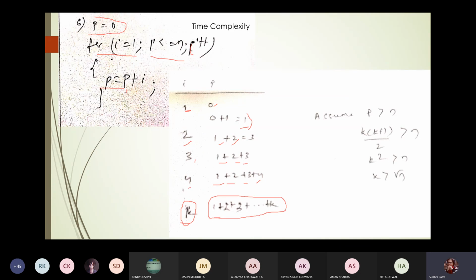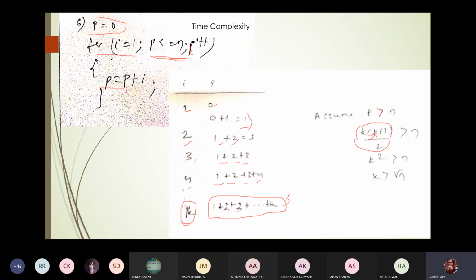So what is our condition? It will run while p is less than or equal to n. What is the stopping criterion? We can call it p greater than or equal to n. Instead of p, we can write k into k plus 1 divided by 2, that is greater than n, which approximates to k square greater than n.